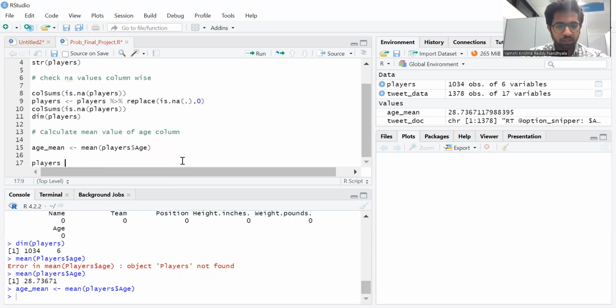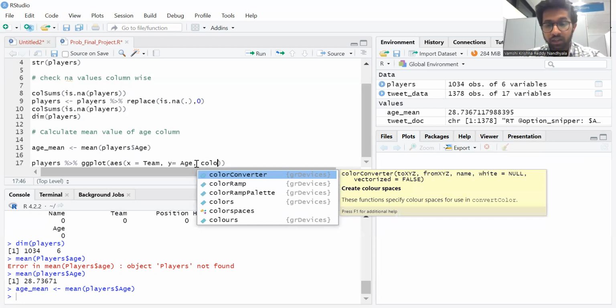Players, I'm just piping the data over here. Players ggplot, ggplot of aes of x equal to team, comma, y equal to age. So I'm just visualizing team versus age of players using color as team, because we have many teams, right? It's really difficult to identify which player belongs to which team.